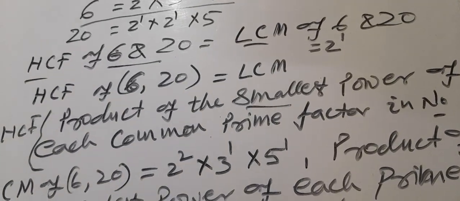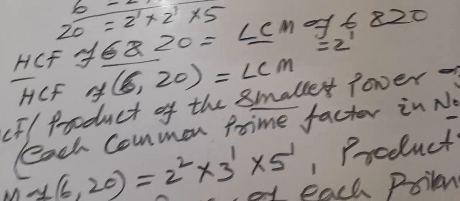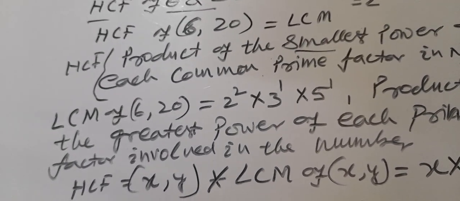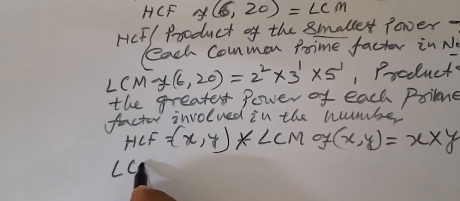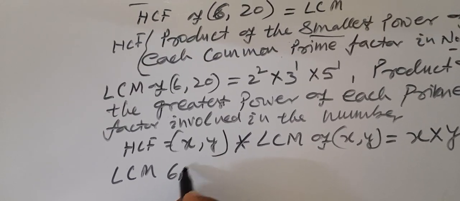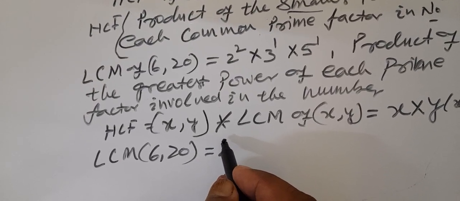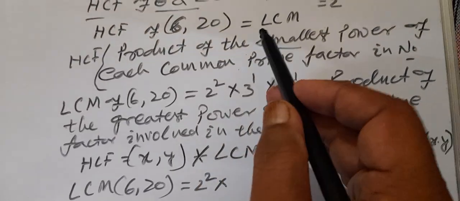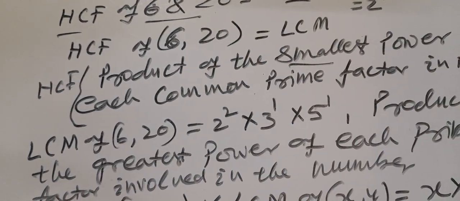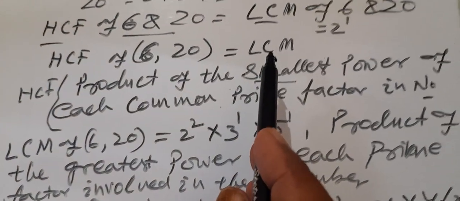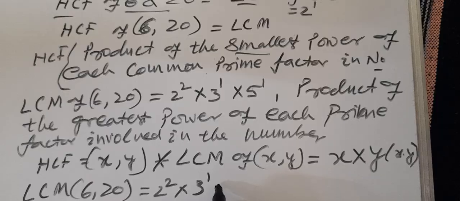So here are the HCF and LCM of 6 and 20. The LCM of 6 and 20 is 2 to the power 2 into 3 to the power 1 into 5 to the power 1.